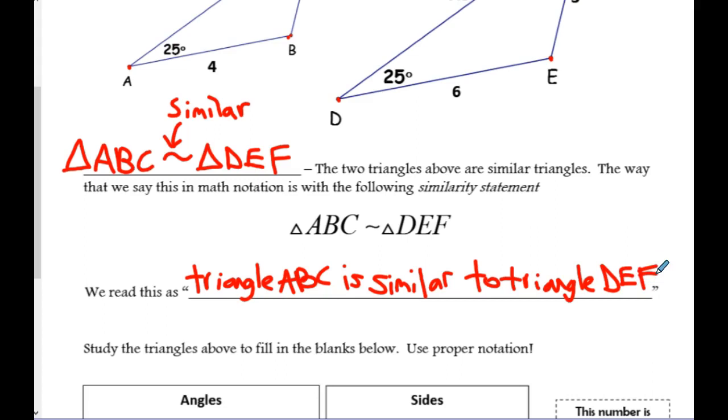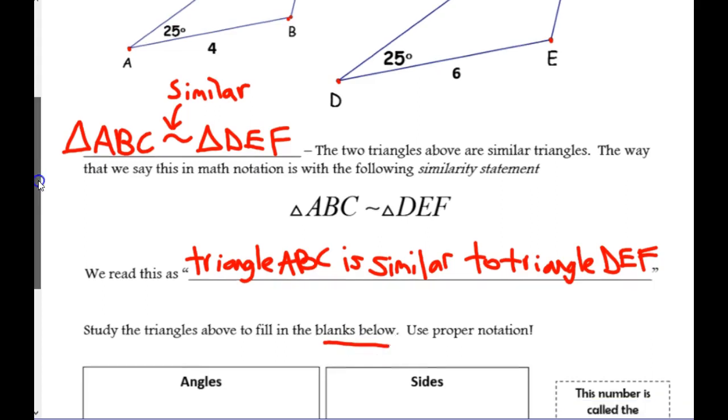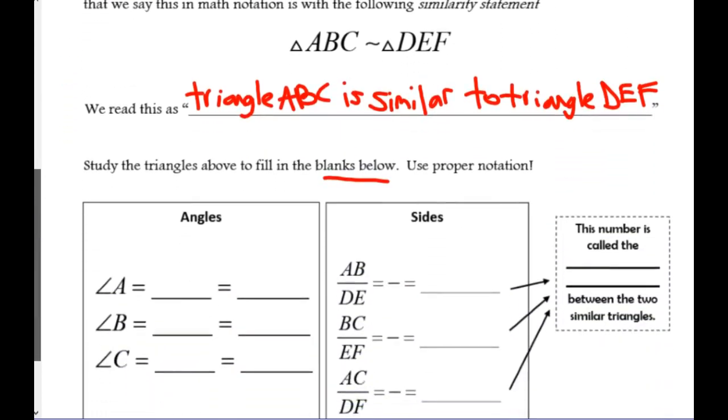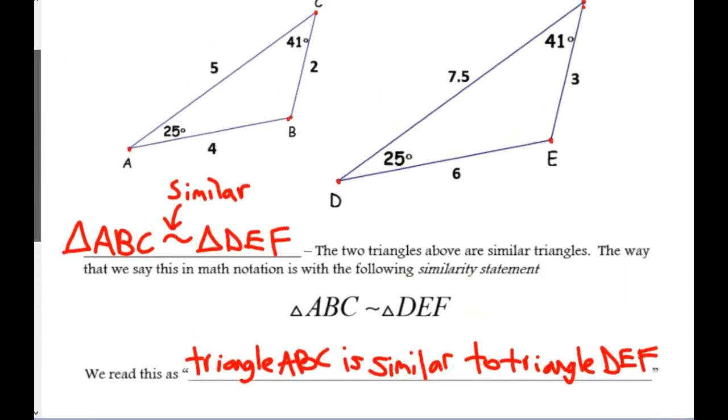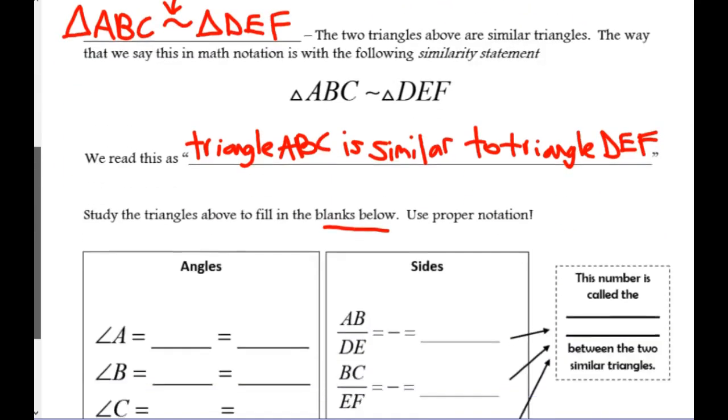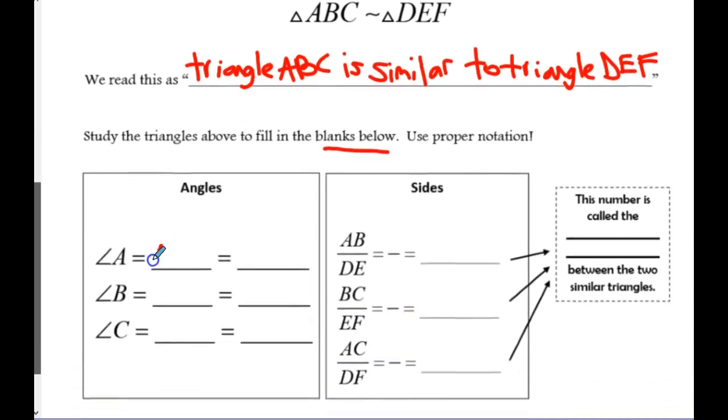Now we want to study the triangles above to fill in the blanks below, and we're going to use proper notation. So I'm going to have to kind of go up and down here. Angles A, B, and C are congruent or equal to angles D, E, and F. So let's fill that in. Angle D, angle E, angle F. Okay.